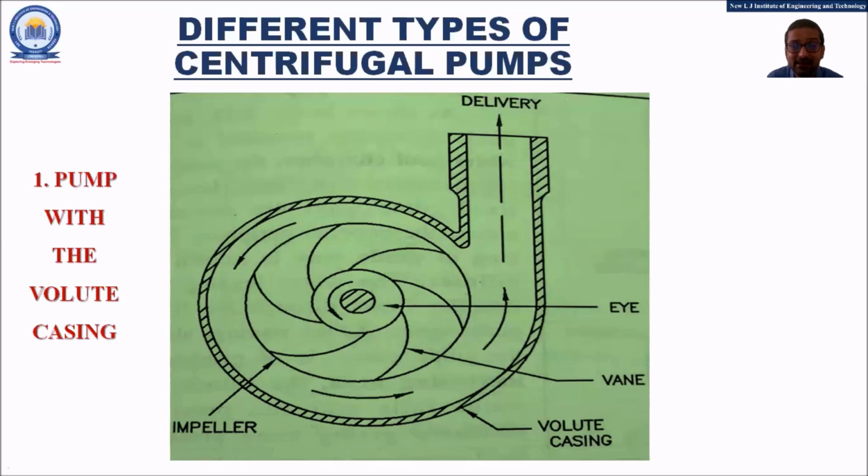The head generated for this type of the pump is also minimum because of the different losses which are generated in the liquid. So, in order to increase the efficiency of the volute casing, some design changes are made in this pump.